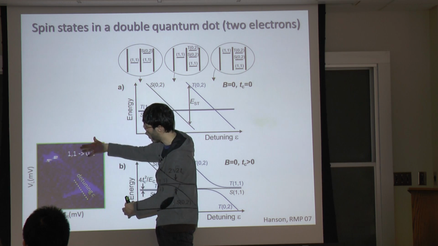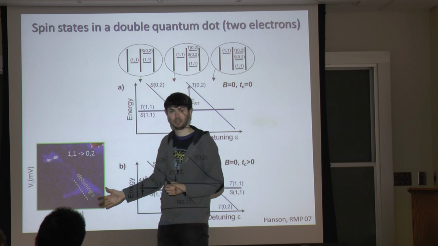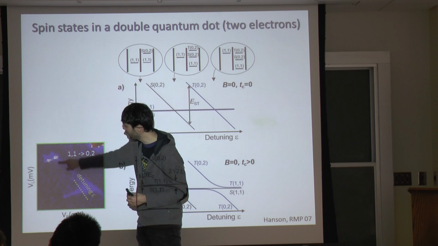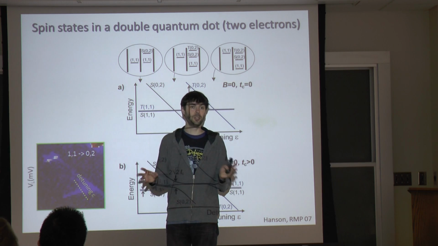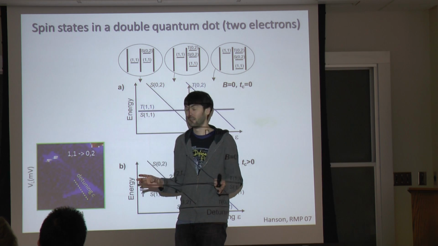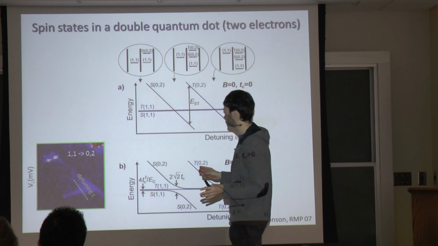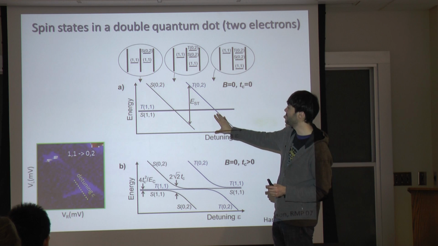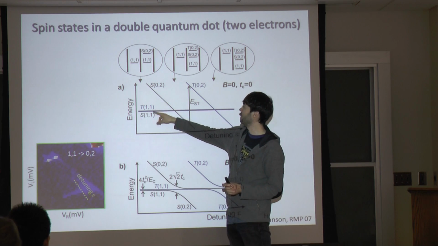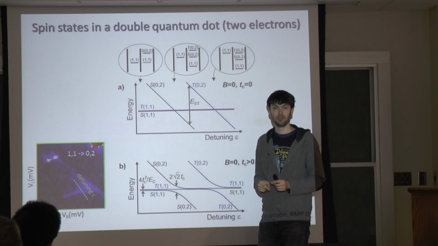But as you apply the bias, they become these triangles. The axis perpendicular to the triangle is called the detuning axis. Now I will explain why it's called detuning. It detunes, specifically in this case, the 1,1 levels from the 0,2 levels.